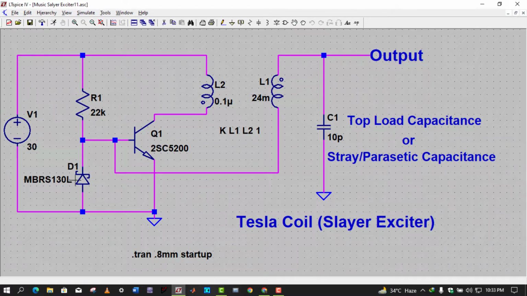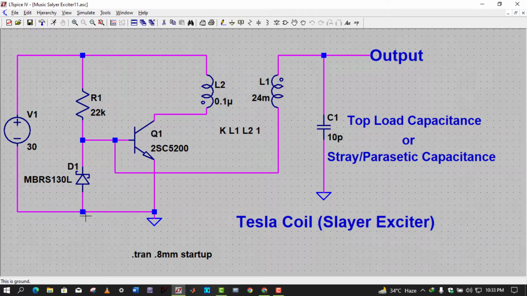How does this diode turn on? In normal condition, this diode is reverse biased, but when the voltage is induced here, this point is positive and this point is negative, then the negative voltage will build up here, such that this point is more negative than this point.